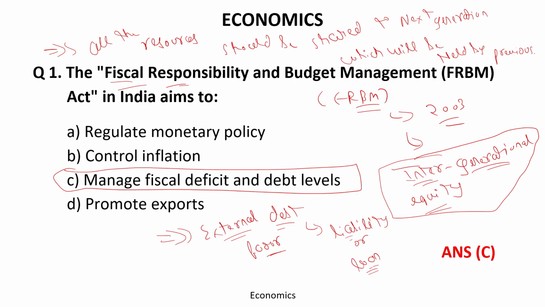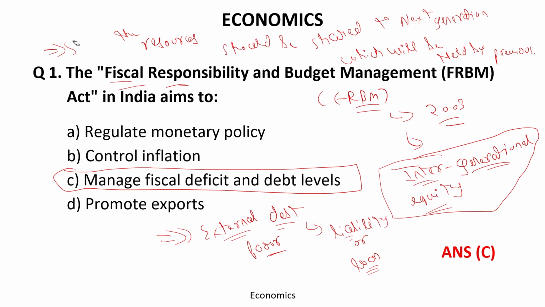Any amount borrowed from outer sources, which the government is liable to repay, is the external debt. So the government should not borrow so much external debt that all the resources we have today will be on auction tomorrow.